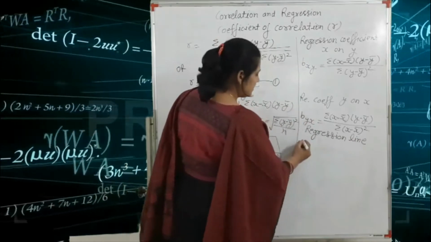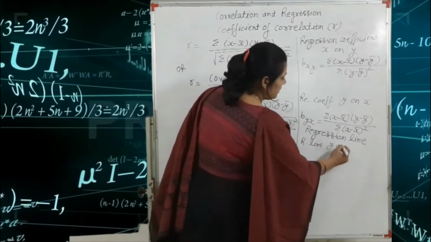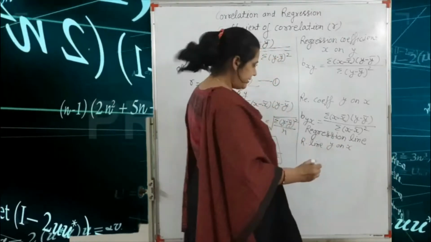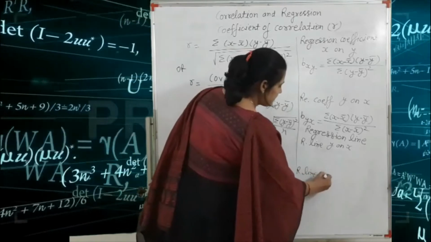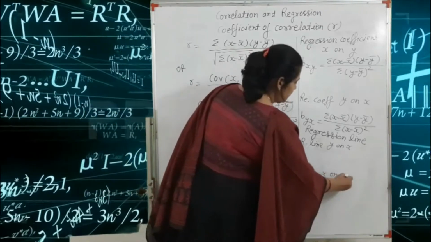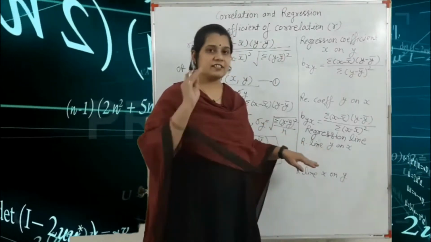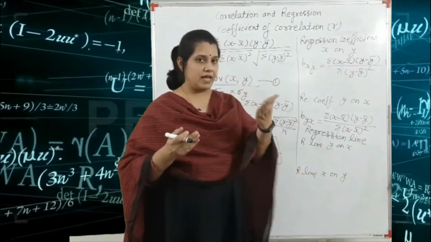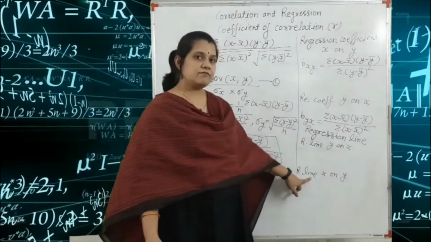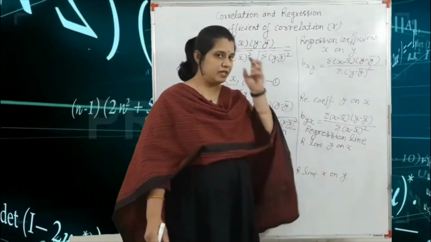First one is the regression line y on x, and second one is the regression line x on y. Got it? For y on x, our formula starts from y. For x on y, our formula starts from the x variable.